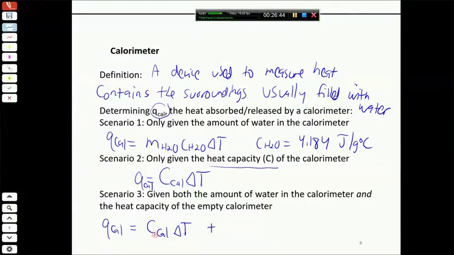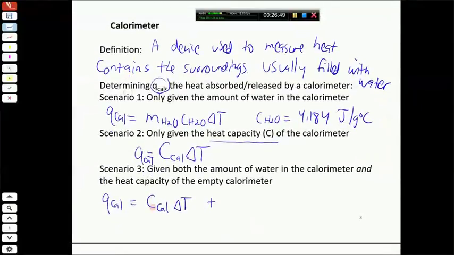So it's the heat capacity of the calorimeter times delta T. This is the heat that's absorbed by the calorimeter itself. And then the second term is going to be the heat that's absorbed by the water, which is the mass of water times its heat capacity times delta T. So this is the piece of the heat that's absorbed by the water.